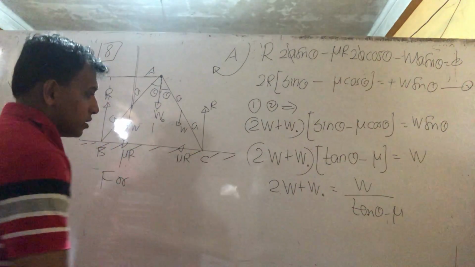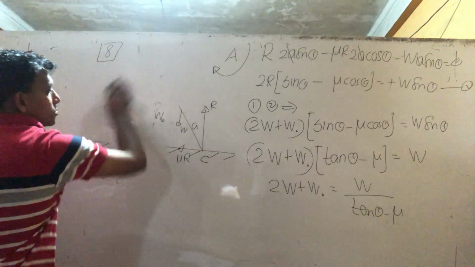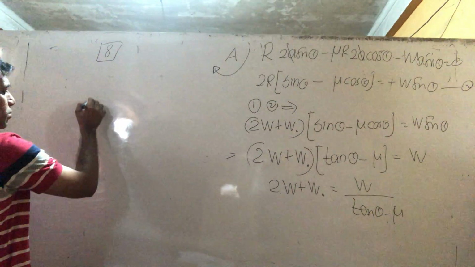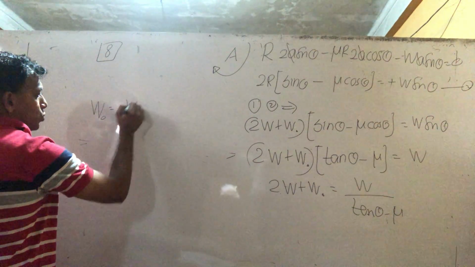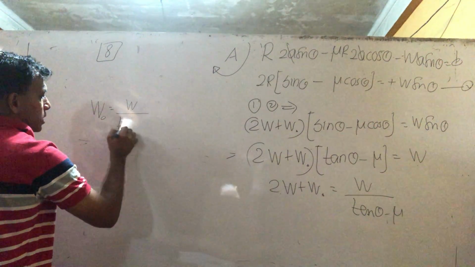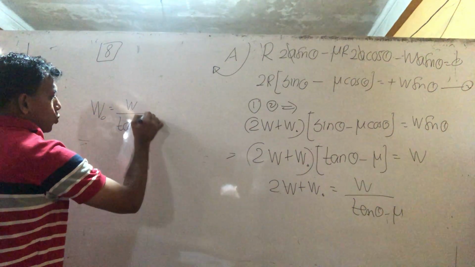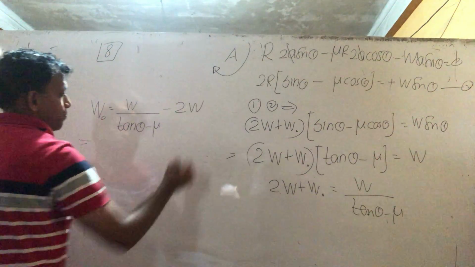Okay, therefore W naught equals W over tan theta minus mu, minus 2W.